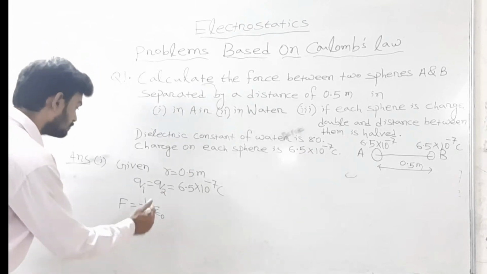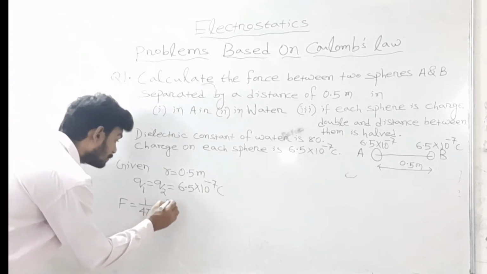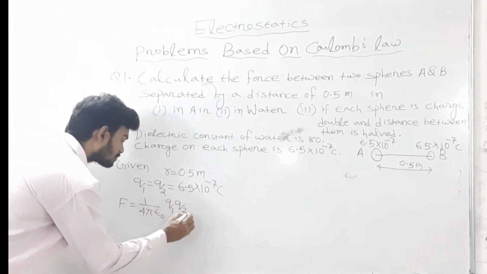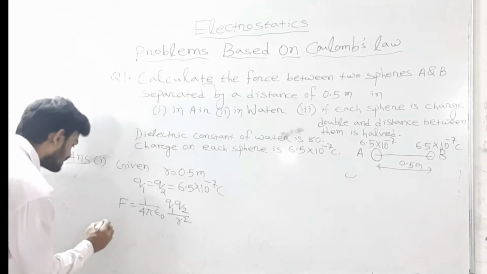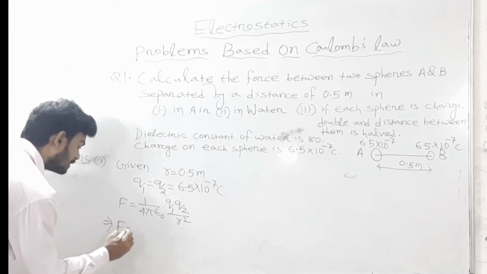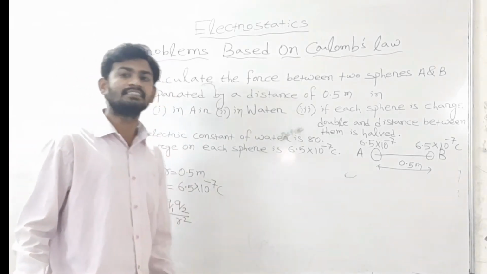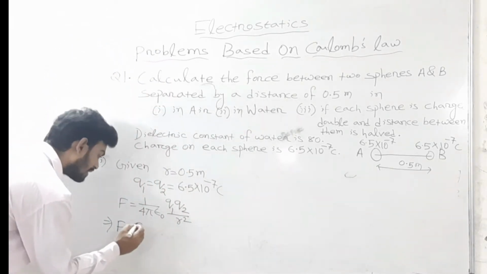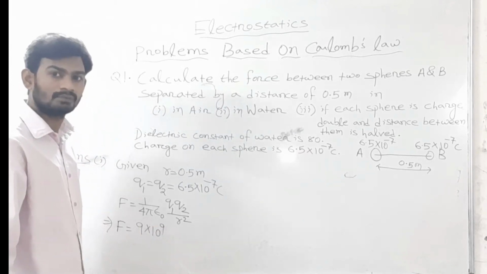The value of 1 by 4 pi epsilon naught is 9 into 10 to the power 9 Newton meter square per Coulomb square.